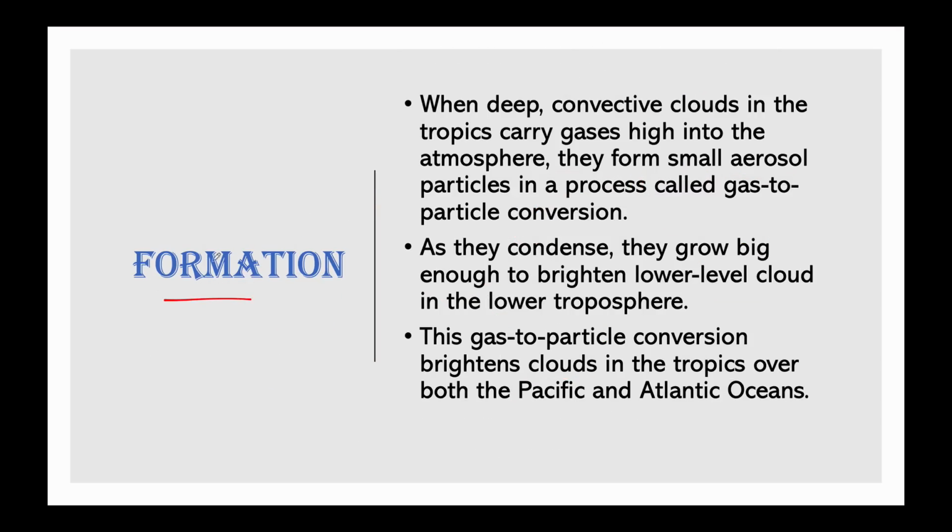Now, how are they formed? Formation in the atmosphere: the deep convective clouds over the tropics carry a lot of gases high into the atmosphere. They form small aerosol particles in this whole process, which you can call gas to particle conversion.